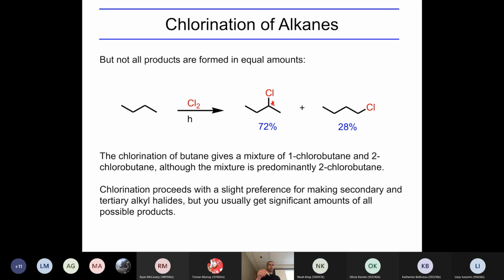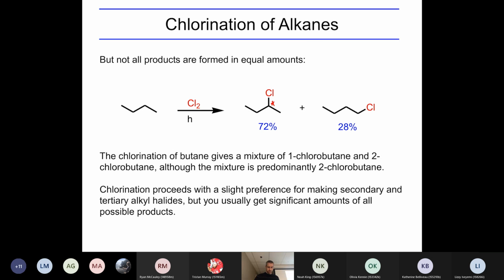It's a preference for the chlorine to end up on a carbon that's more substituted. The preference isn't like 99 to 1. It's like 3 to 1 maybe, or 4 to 1, this kind of thing, which means you're going to get significant amounts of all possible products. We like reactions that give you only one thing and high yields of that one thing.